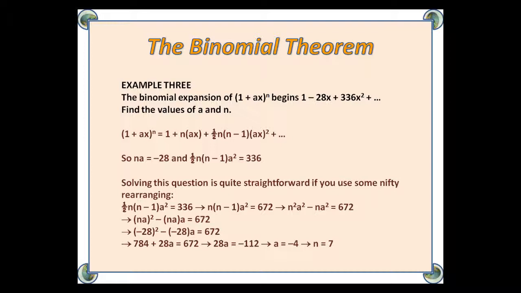We write n squared a squared as the square of na, and we write n a squared as na times a. So we've got (na) squared minus (na) times a equals 672. Then we can replace those na's with -28. So we've got the square of -28 minus -28a is 672, which simplifies to give us a is -4. And since na was -28, that means that n is 7.